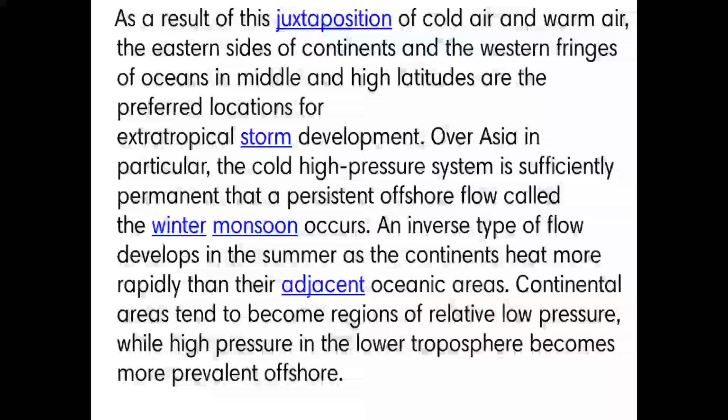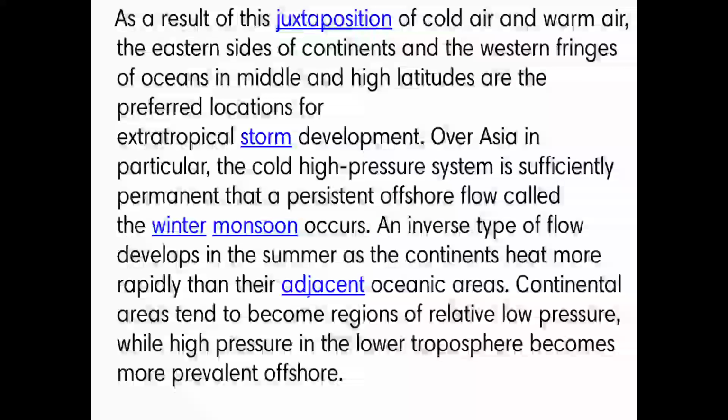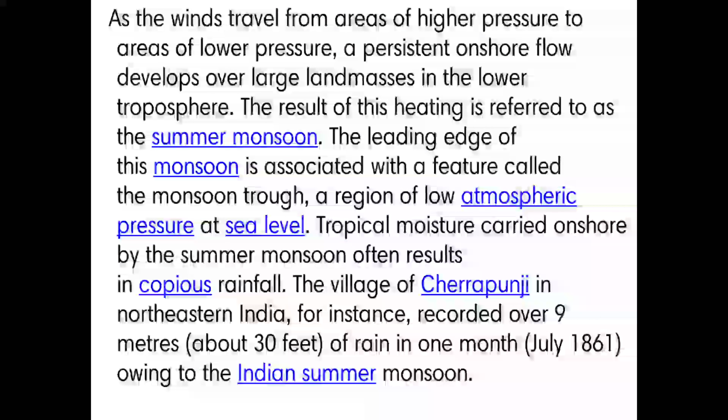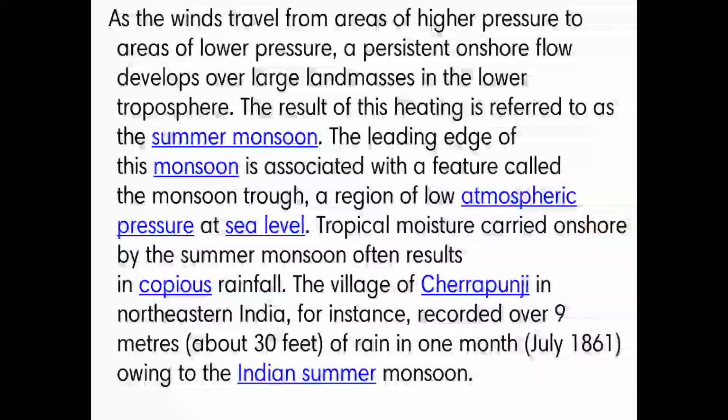Continental areas tend to become regions of relatively low pressure, while high pressure in the lower troposphere becomes more prevalent offshore. As winds travel from areas of higher pressure to areas of lower pressure, a persistent onshore flow develops over large land masses in the lower troposphere. The result of this heating is referred to as the summer monsoon.